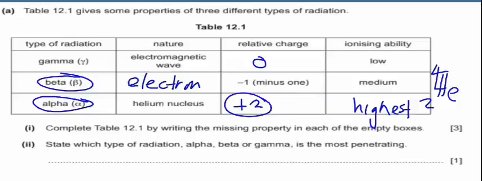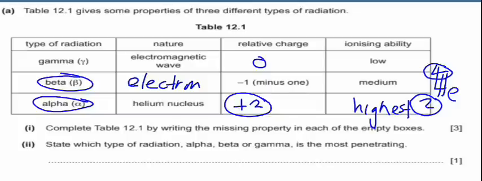Even the mass number is going to be reduced by 4, not 2. The mass number of helium is 4, and the proton number is 2. So whenever an isotope undergoes alpha decay, the proton number is reduced by 2, the mass number by 4.